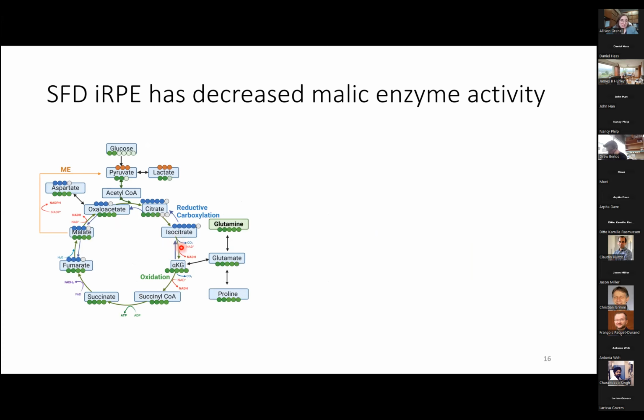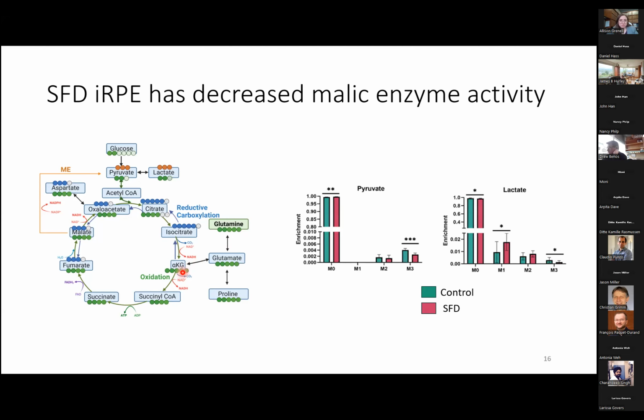So when I did this, I actually found, surprisingly, that there was no change in metabolites generated via oxidation or reductive carboxylation of alpha-ketoglutarate, suggesting that there's no change in glutamine contribution to the TCA cycle.